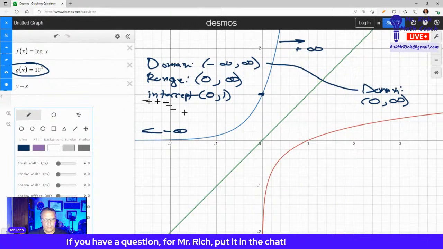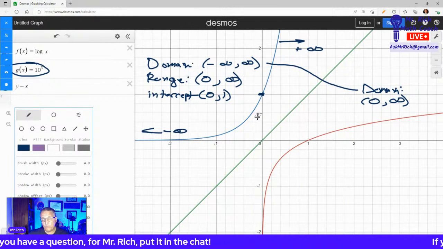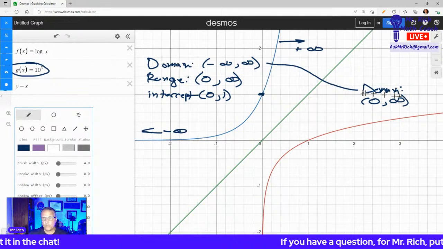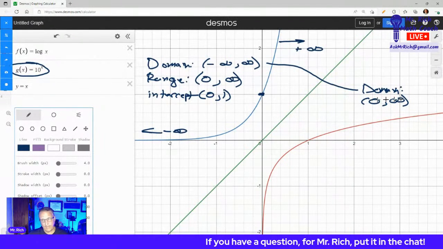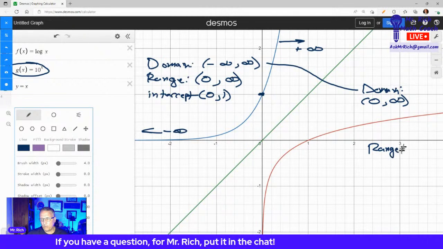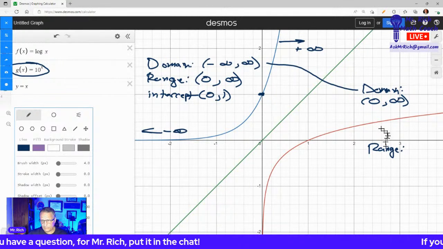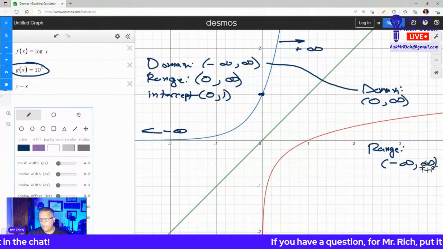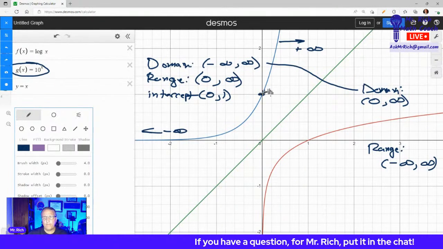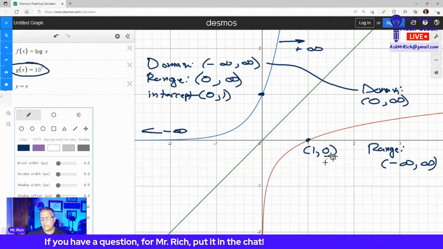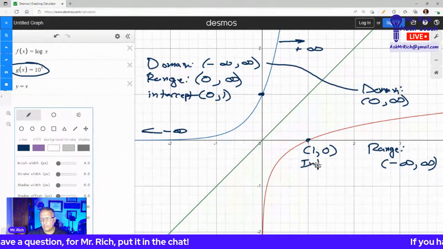There happens to be not a horizontal asymptote, but now a vertical asymptote at x equals 0. But my range now becomes what was the domain of its inverse. So the range is negative infinity to infinity. And the intercept, instead of being (0, 1), is now an x-intercept at (1, 0).